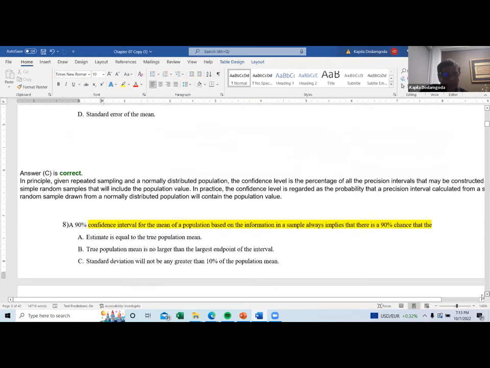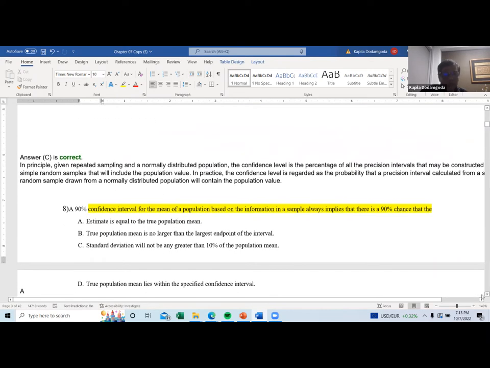What about this? A 90% confidence interval for the mean of a population based on information in a sample always implies that 90% of the chance that.